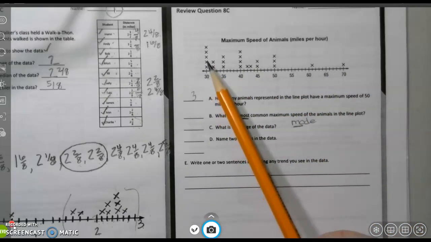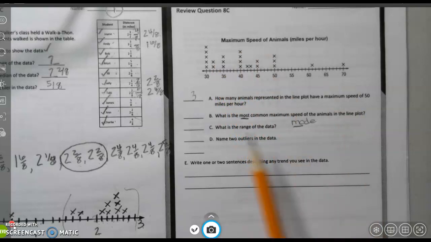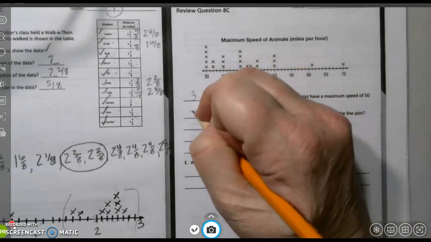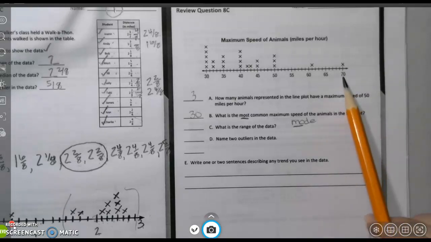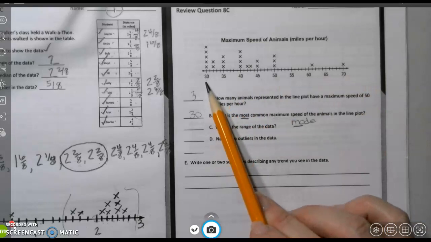So if I look at all of these, I'm going to find that 30 happened the most. 1, 2, 3, 4, 5. But it asks what's the most common maximum speed. I'm going to write 30.